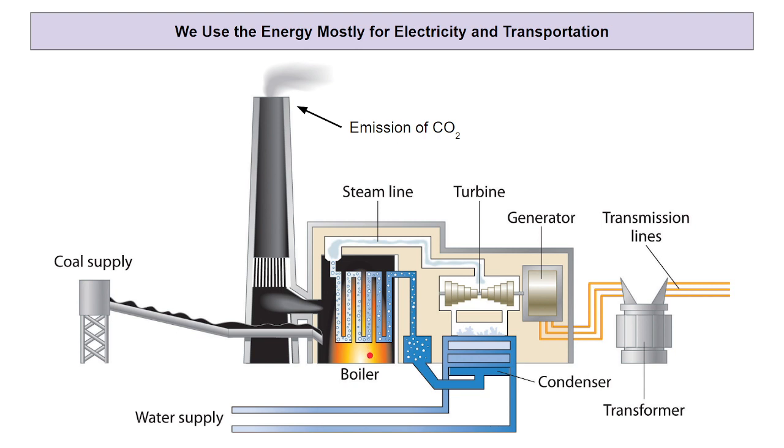Once it's burned, it converts the liquid water that we are bringing in from our water supply into steam. And that steam is then used to spin a turbine. Think of it like a generator or a giant hand crank. That's an easier way to think about it. And this turbine, as it spins, is going to generate electricity in our generator, and that is where our electricity is going to come from.